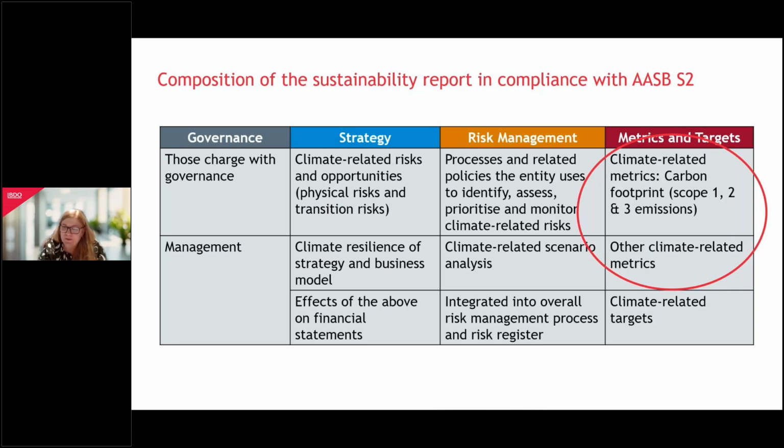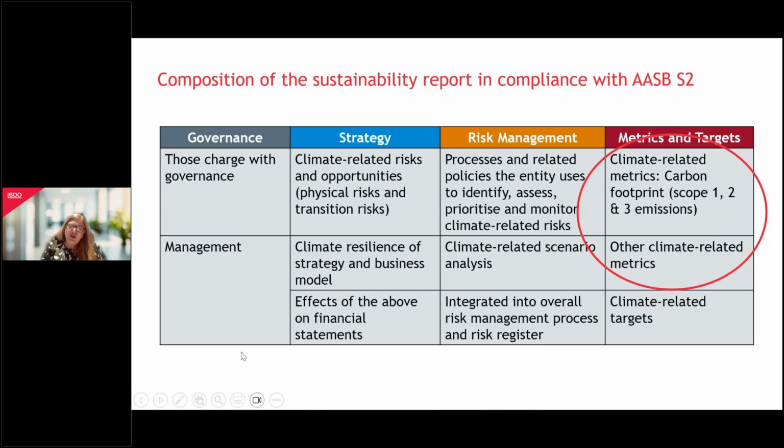So the two together make up the metrics required by AASB S2. And then finally, under metrics and targets, there's a section on climate-related targets. So today, we'll be looking at climate-related metrics, your carbon footprint metrics, and we'll look at other climate-related metrics. And next month, we'll be looking at climate-related targets.